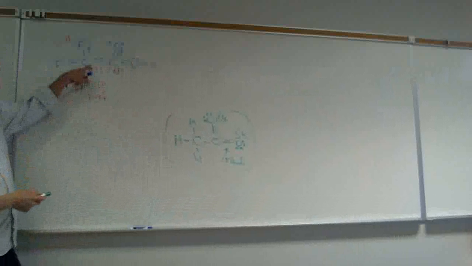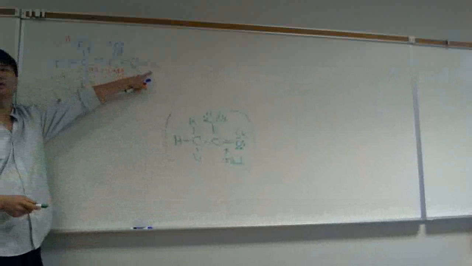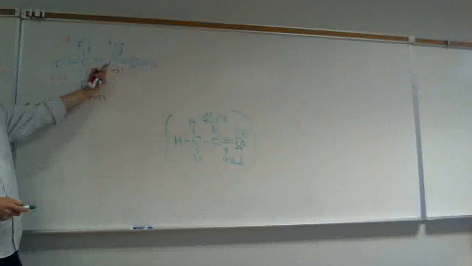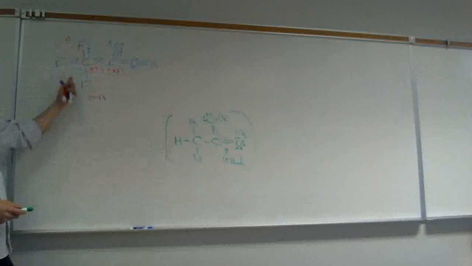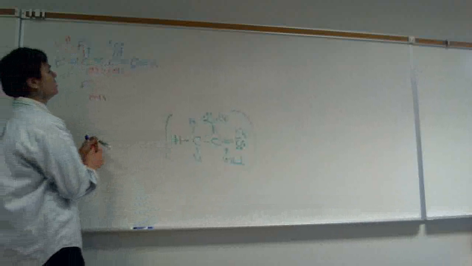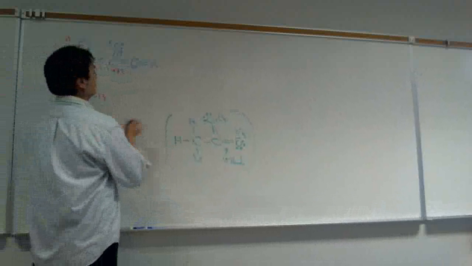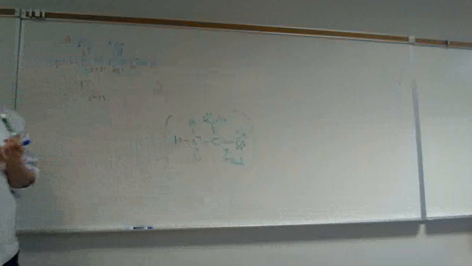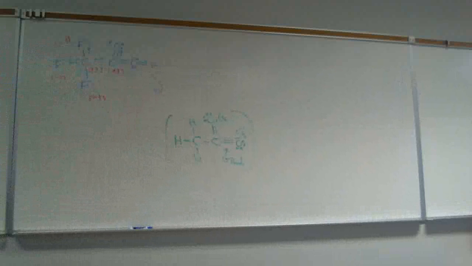Even though this carbon's pretty far away from this hydrogen, it's making everything move to the fluorines, which means that this hydrogen becomes much more polar. So that's the inductive effect. Now, the bond energy is about the same, therefore, which one's a better acid?